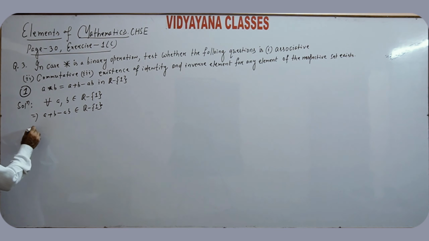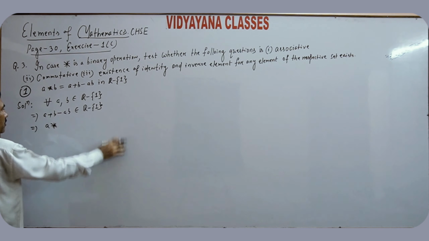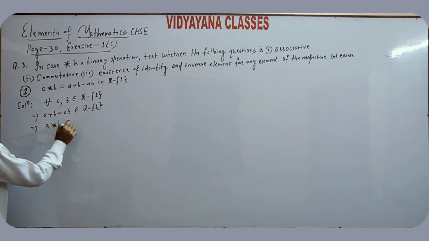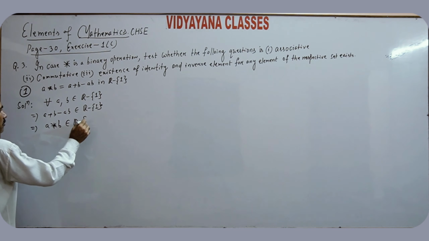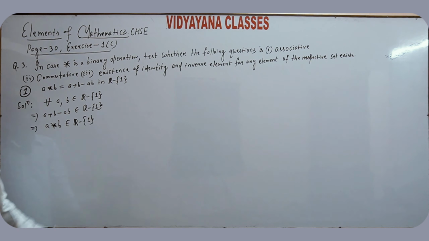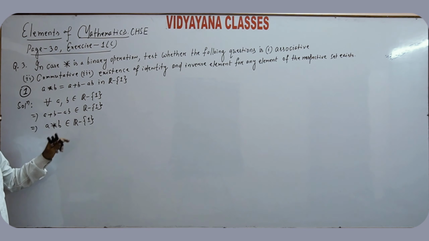Since A star B is equal to A plus B minus AB in R minus set of 1 belongs to the set of real numbers minus set of 1, for all A, B belongs to R minus set of 1, that implies A star B belongs to R minus set of 1.